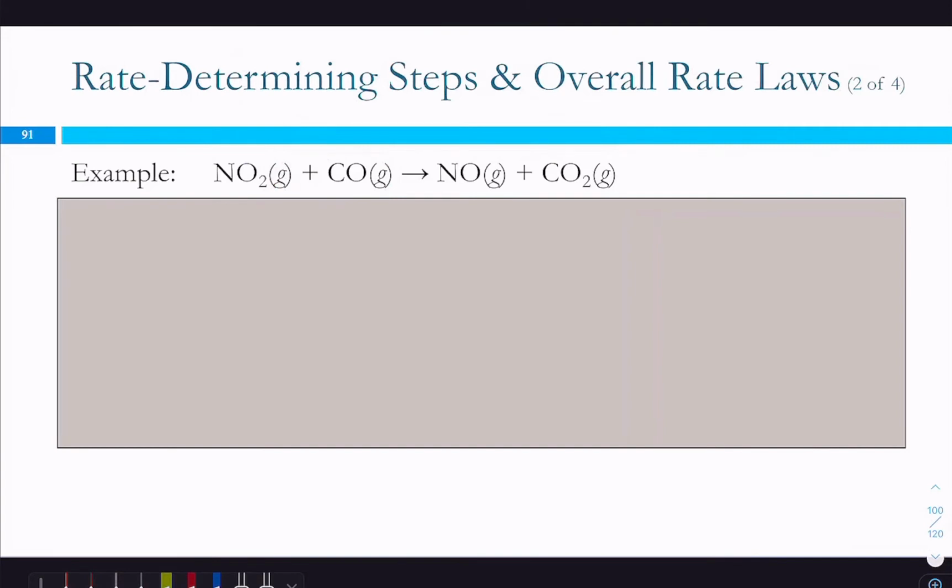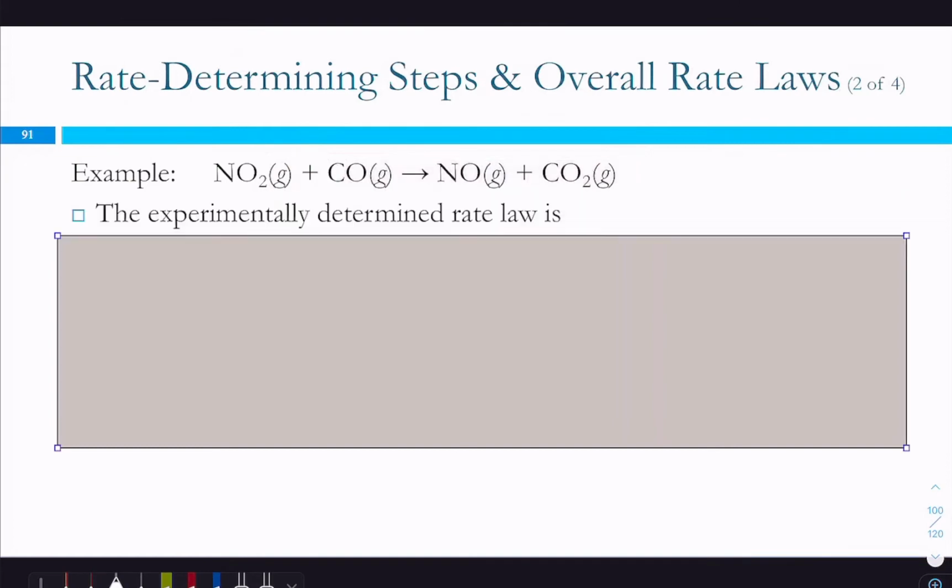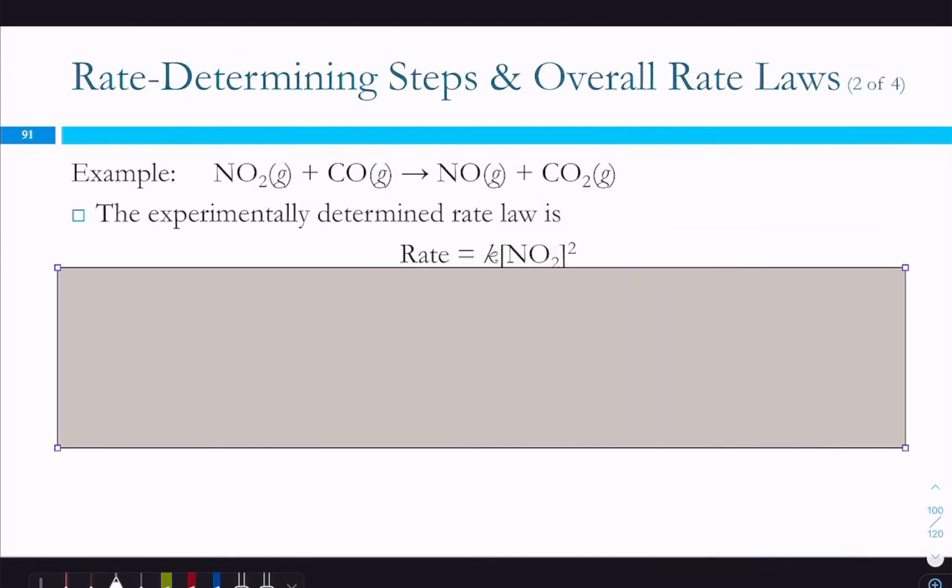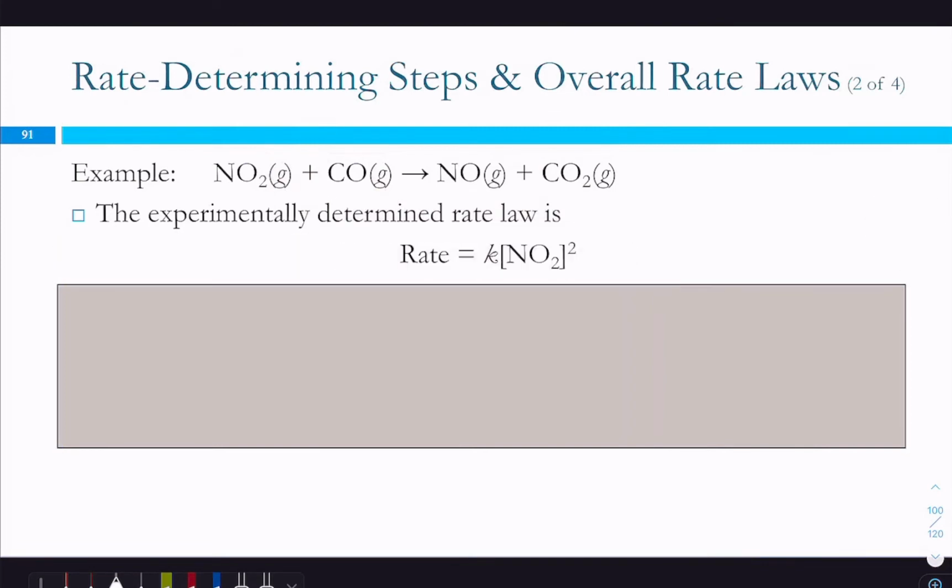So we can determine what that overall rate is. There we go. So we would get an experimentally determined rate law. And for this reaction, it would be this: the rate equals K times the concentration of nitrogen dioxide squared.